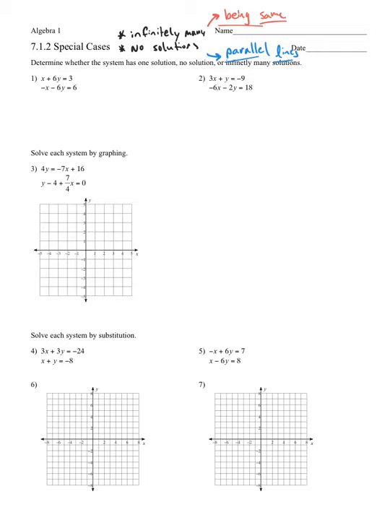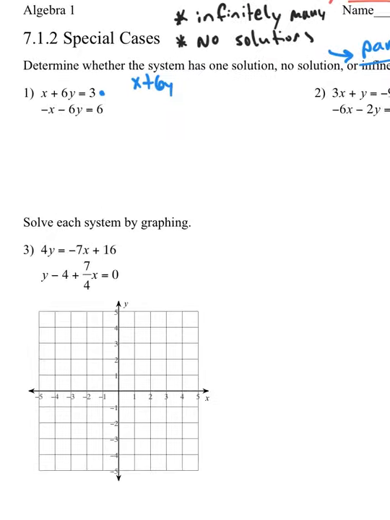So these first two problems, they say determine whether the system has one solution, no solution, or infinitely many solutions. One of the ways of doing this was solving for y. Taking each equation, I'll take this top equation and solve it for y. I'm going to zoom in a little bit. I want to get y by itself, so I'll subtract x.